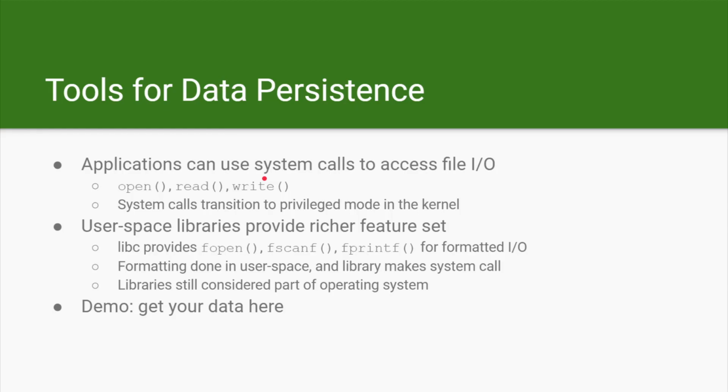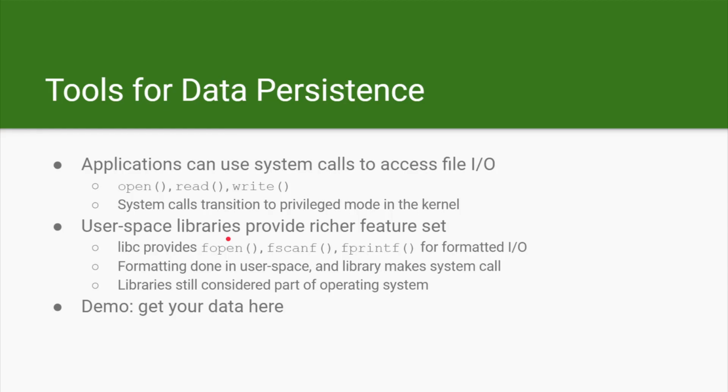There are other particular APIs that an operating system usually comes with, which reside not in the operating system kernel, but actually come as user space libraries. These are libraries that your program can use to help you accomplish some higher level tasks.